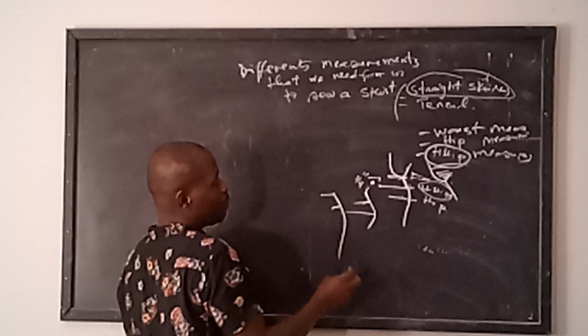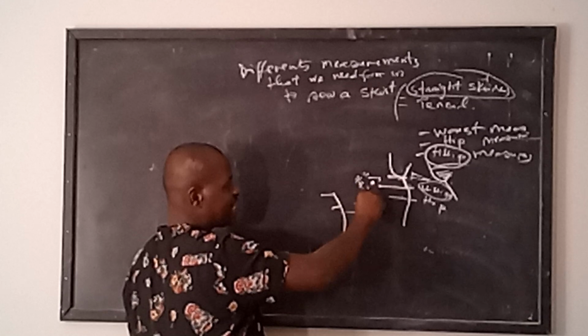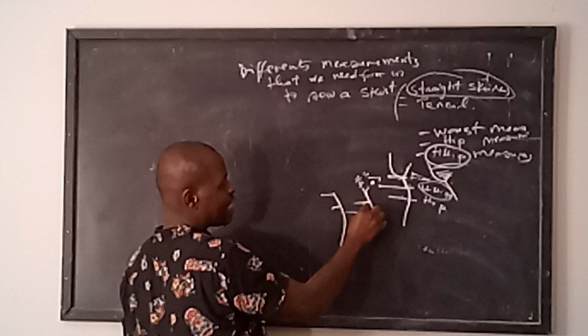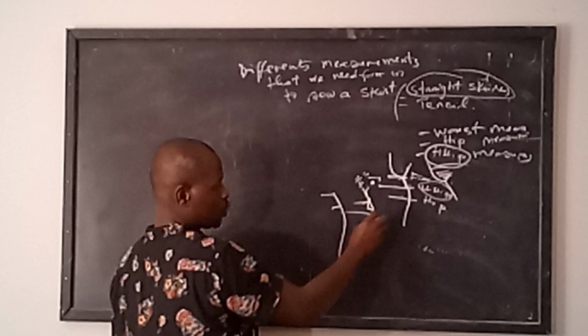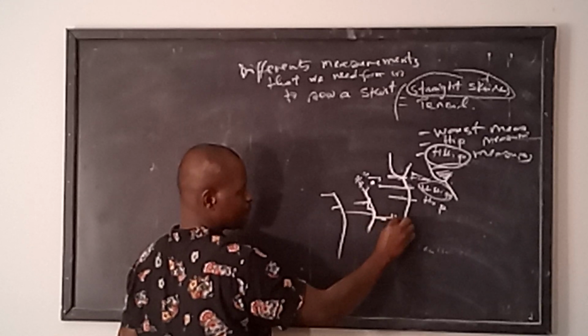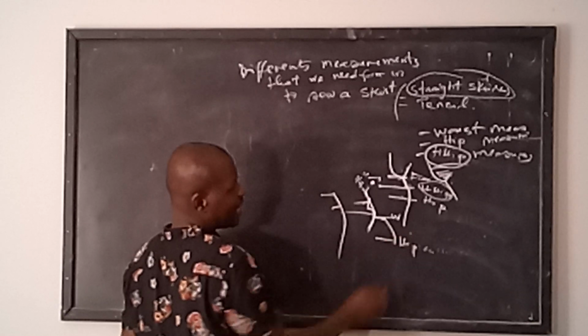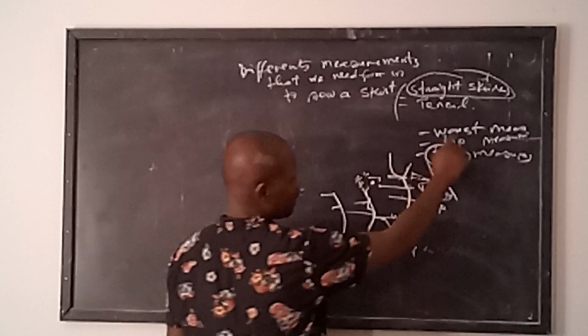Most of the time it's only possible to join the waist to the hip, because you will find that the high hip is inside, so you cannot go like this. It's easy in practice to join the waist and the hip. That's why most of the time I just ignore the high hip.